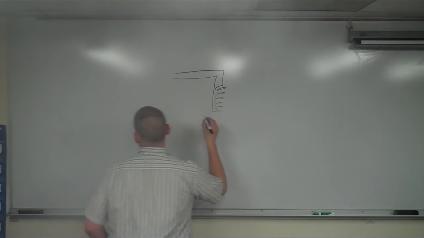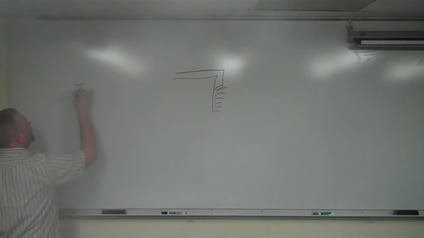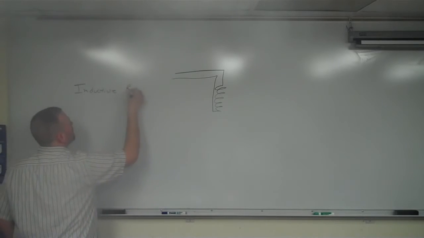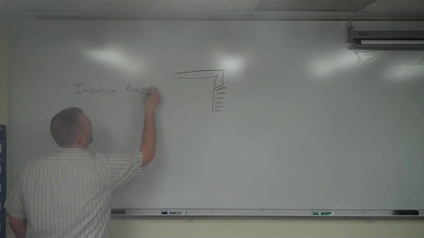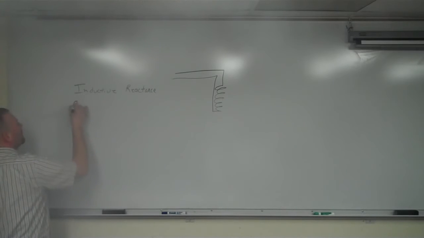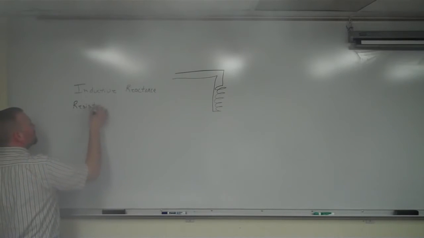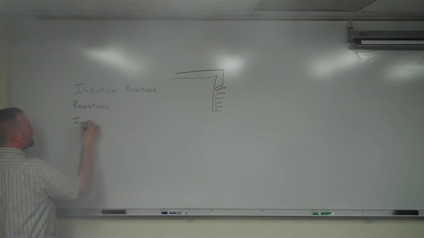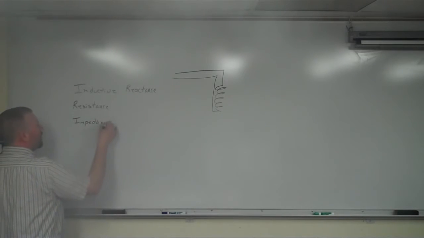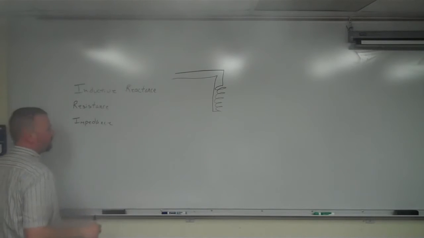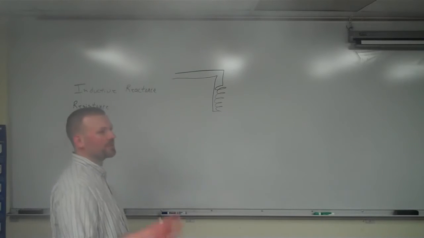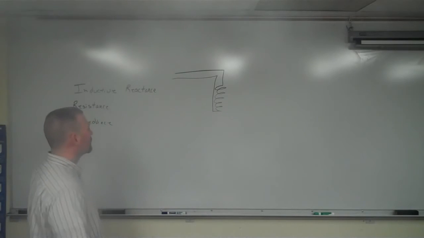There are a couple of terms that are always happening, like inductive reactance, then plain old resistance, then impedance, and how all of these terms fall together. Really where we're headed is how we get the calculations, the math, out of it.